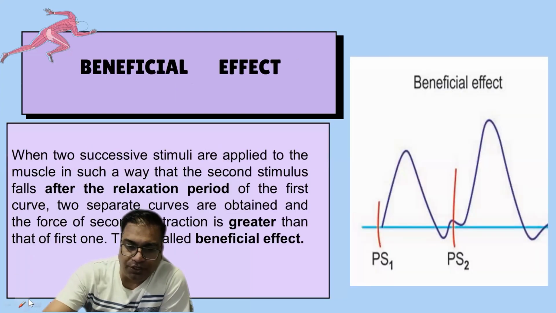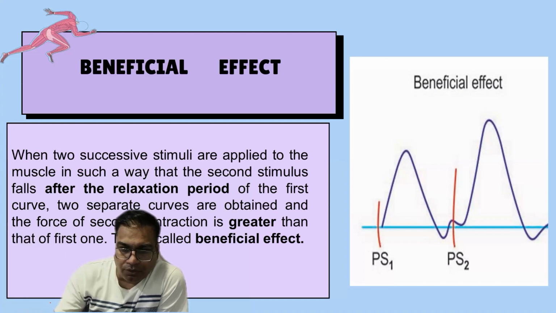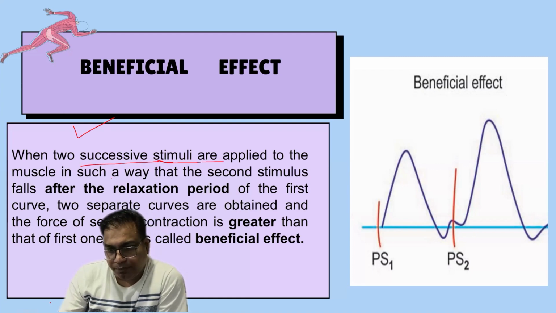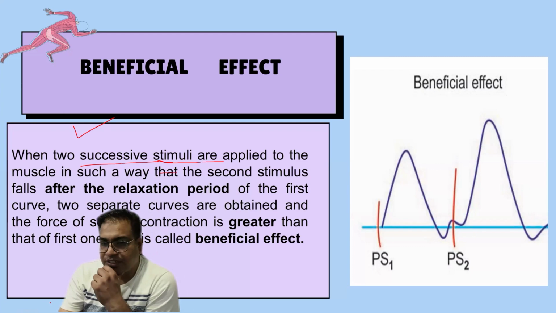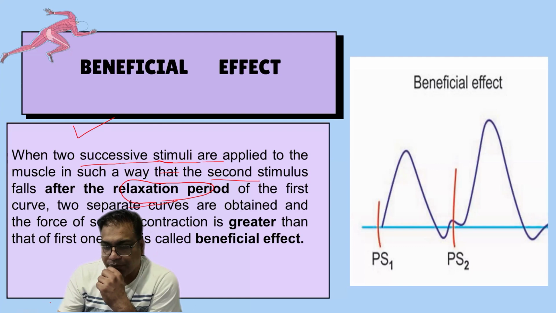Now come to the beneficial effect. In case of beneficial effect, two successive stimuli are applied to the muscle in such a way that the second stimulus falls after the relaxation period. That is really important.